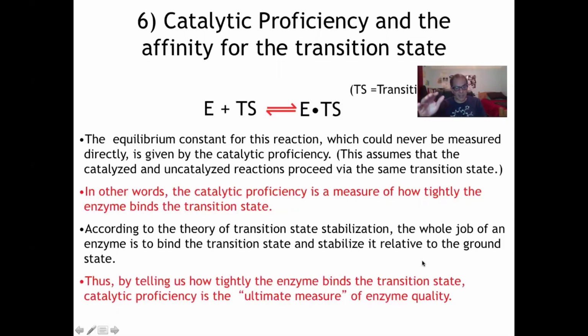So by telling us how tightly the enzyme binds the transition state, the catalytic proficiency is really the ultimate measure of enzyme quality, because what enzymes have evolved to do is to bind to transition states. In theory, the more tightly they bind to a transition state, the better enzyme they will be.